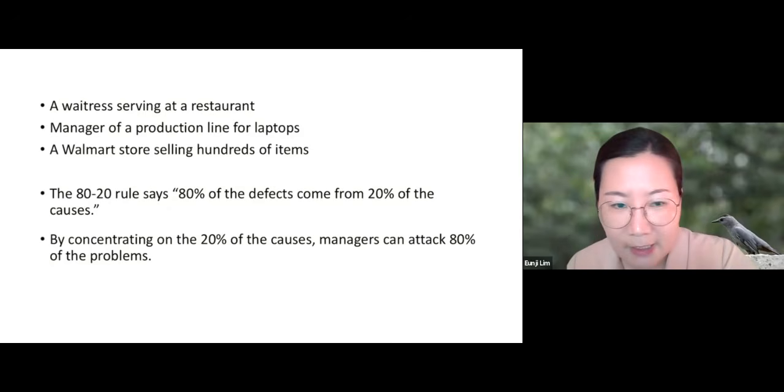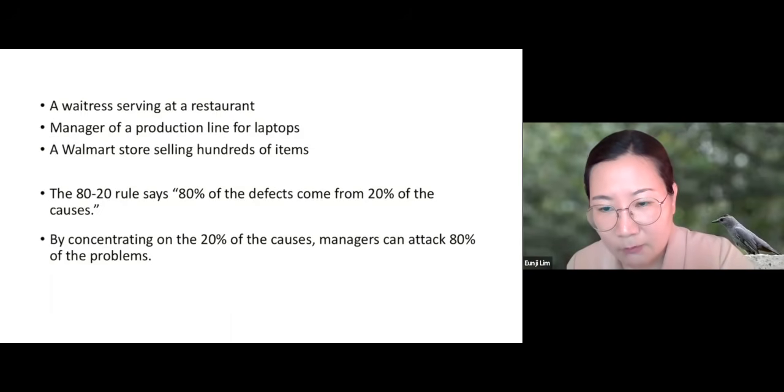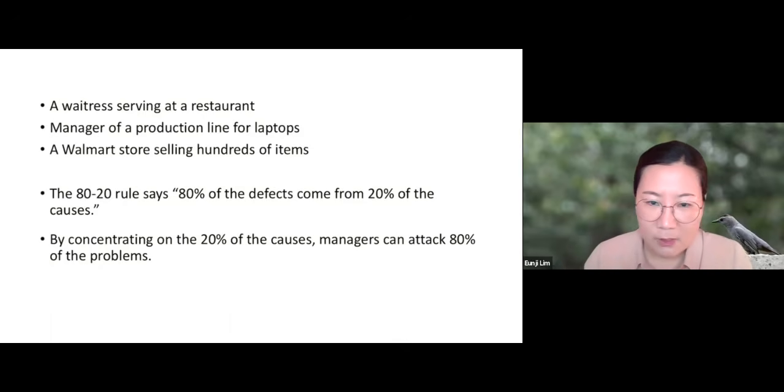Also, let's say I'm producing laptops in the production line. Some of the laptops are defective. According to this idea, most of these defective items come from a small number of reasons. By finding out these reasons and fixing them, we can get rid of most of the defective items.